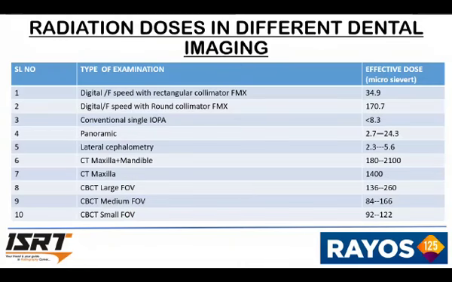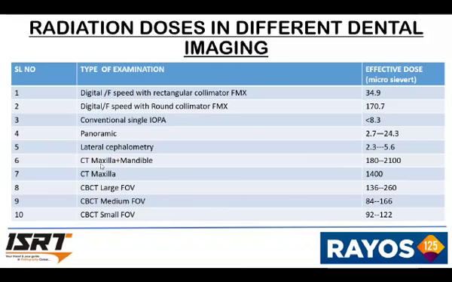So here is the dose in different dental imaging. Digital bitewing with rectangular collimator is 34.9, and digital with a round collimator is 170.7. Conventional single IOPA is less than 8.3. Panoramic is 2.7 to 24.3, and lateral cephalometry is 2.3 to 5.6.